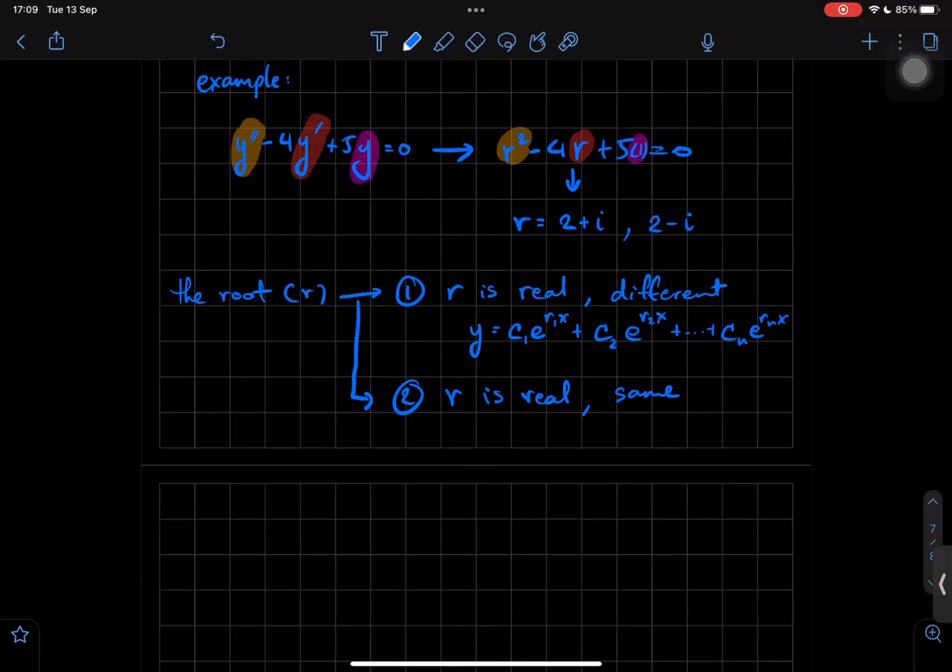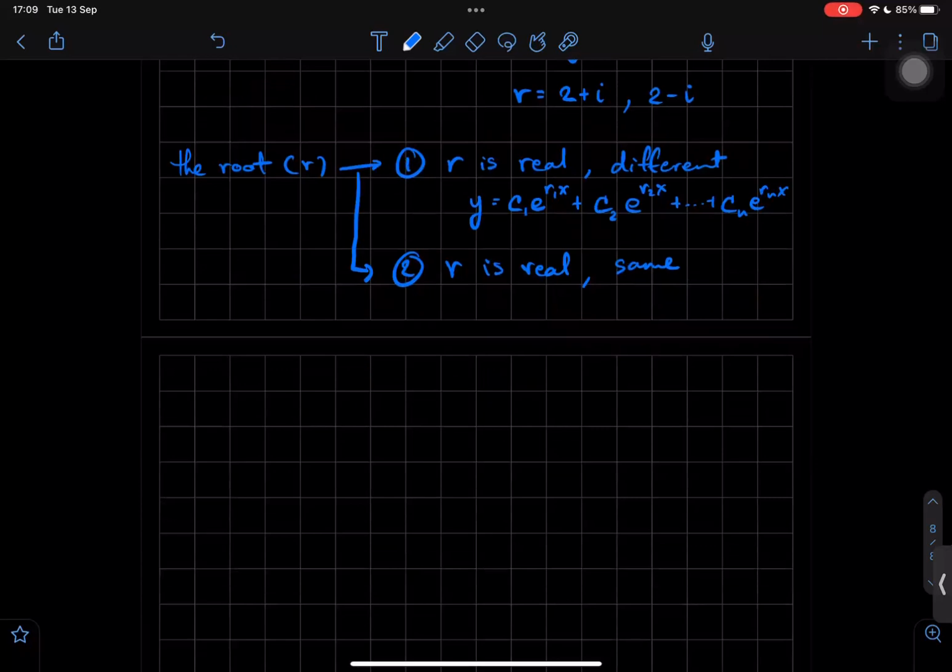If it is like r equal to 1 and another also 1, you will get y equal to C1 e to the rx plus C2 x e to the rx plus C3 x squared e to the rx and so on.